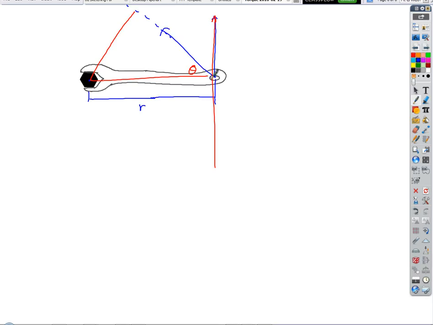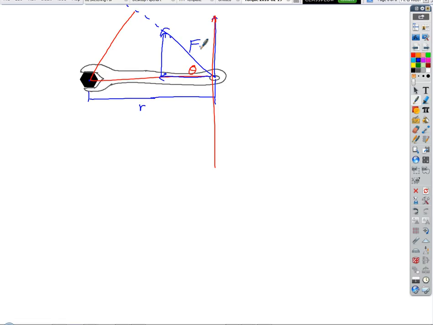I could break that force vector up into components. I could break it up into a component that's parallel to the wrench, which does nothing, and a component that's perpendicular to the wrench, which does do something. If this is F, in terms of theta, what's going to be the normal component, the perpendicular component of the force that actually contributes to the torque?